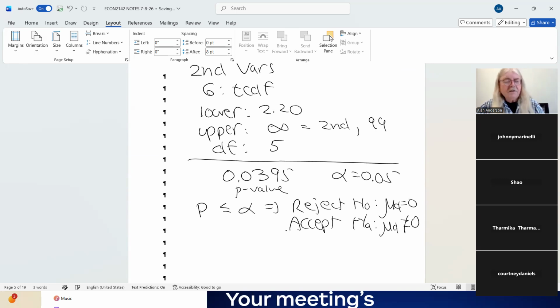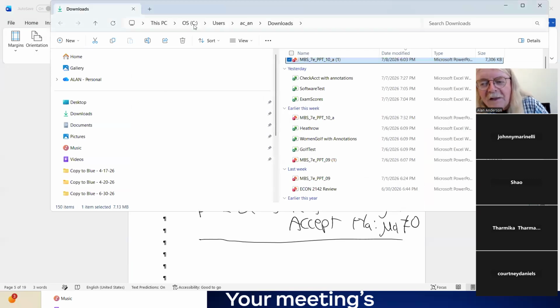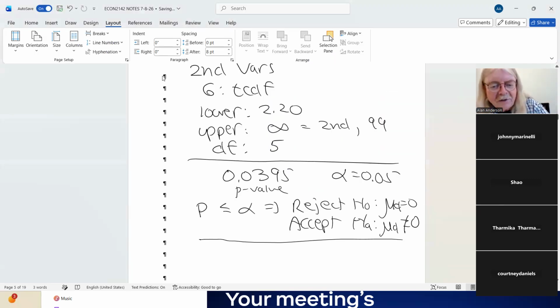So we notice it gives us the same results as the test statistic critical value approach. It has to. Okay, so that would be your classic example of a matched pairs problem.